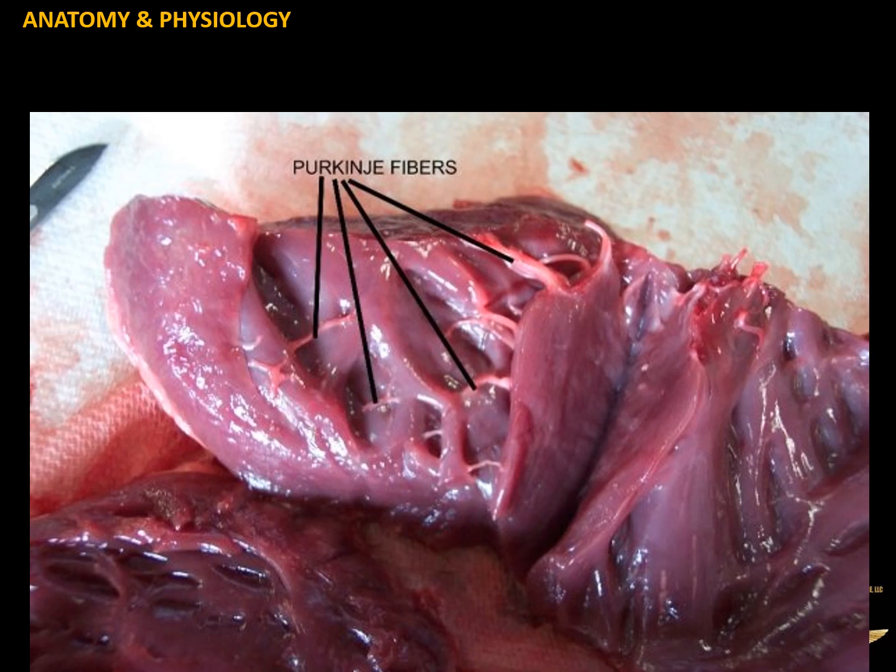They are carrying that impulse from the larger wires, the bundle branches, down into the smaller areas of the heart where they can reach the individual myocytes that can be depolarized. They can contract all at the same time together to result in a crisp, synchronized contraction, which will pump blood out to the body.